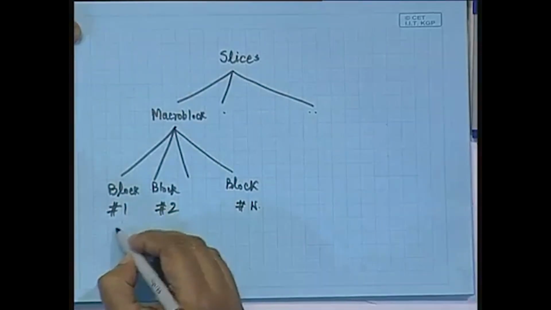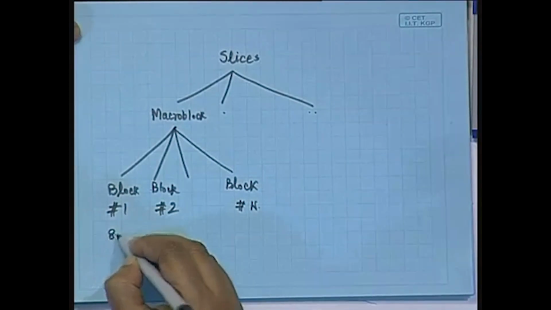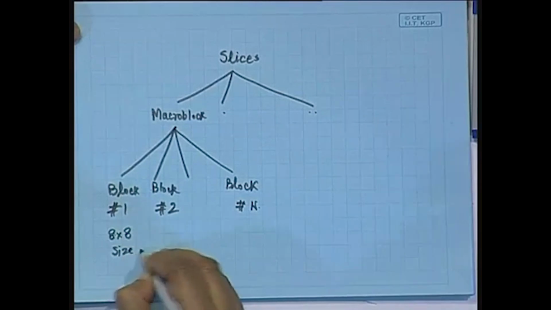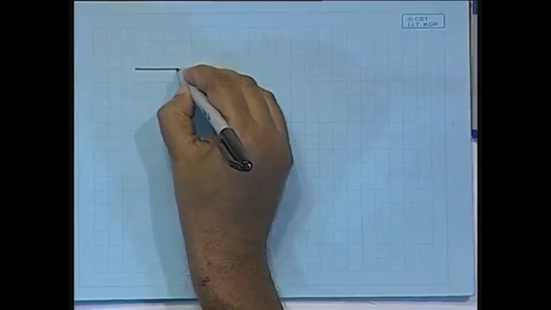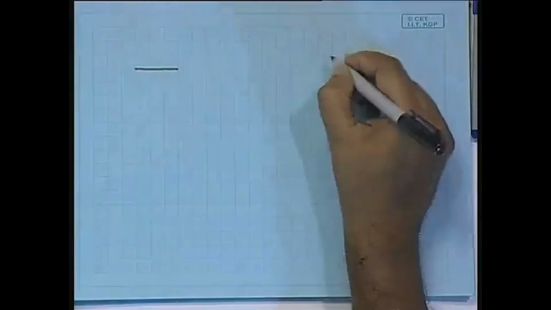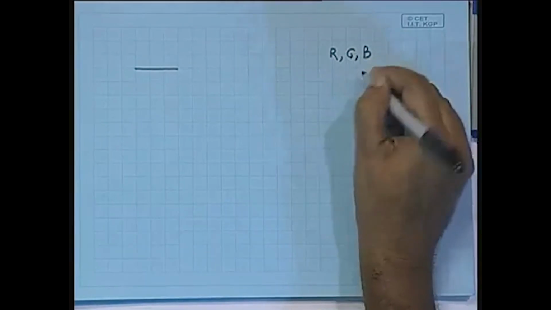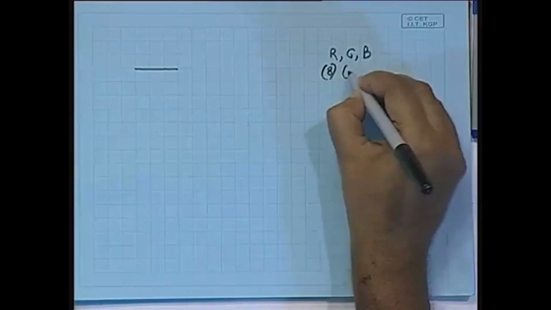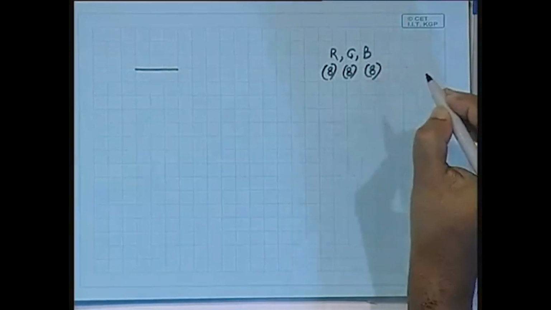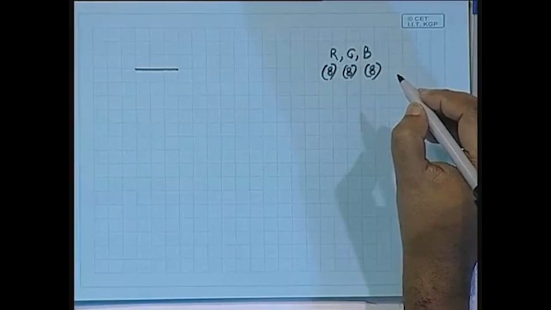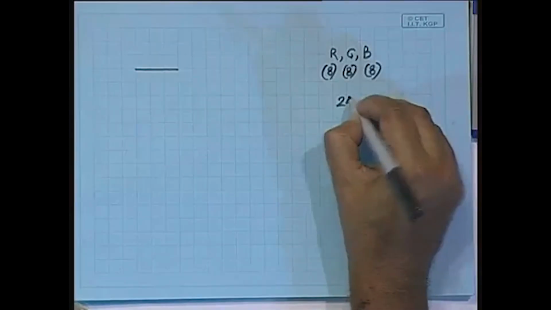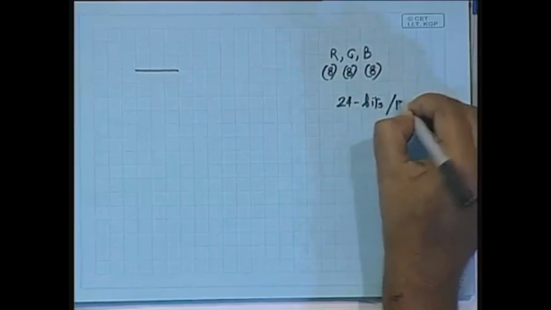Basically, let us take every block to be 8 by 8 in size. Whenever we have a colored image, it can be represented in two formats. One format is RGB, where we allocate 8 bits to each of the color planes, 8 bits for R, 8 bits for G, 8 bits for B, giving 24 bits per pixel.